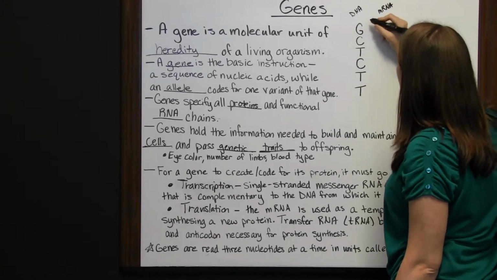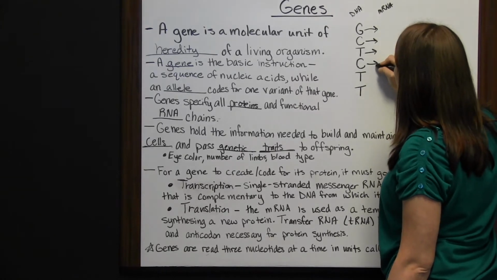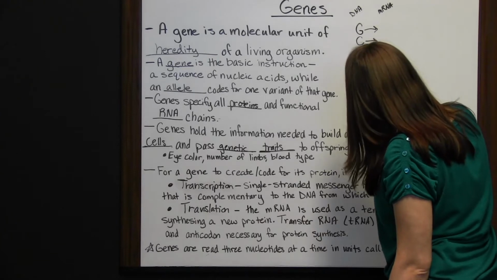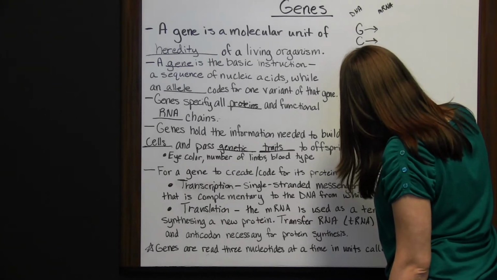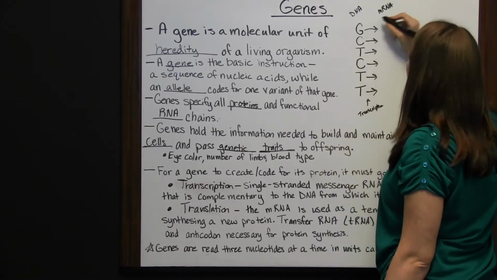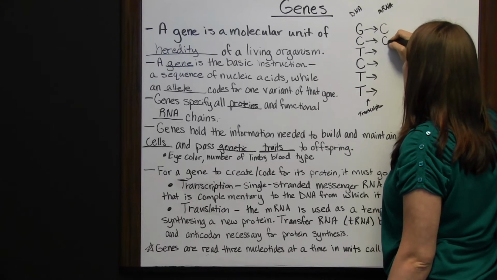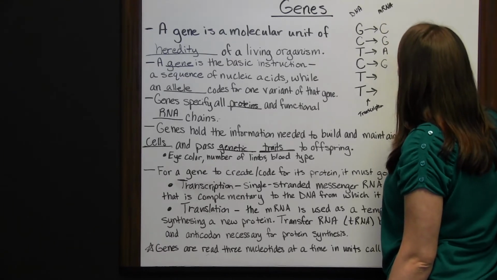So we're transcribing here, and each base must be transcribed. So here we've got our transcription. So the guanine is going to transcribe to cytosine, cytosine to guanine, thymine to adenine, cytosine to guanine.